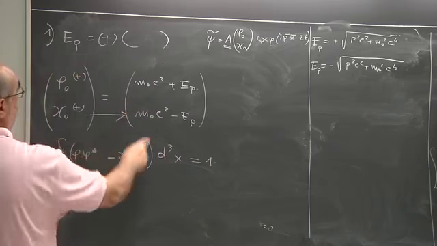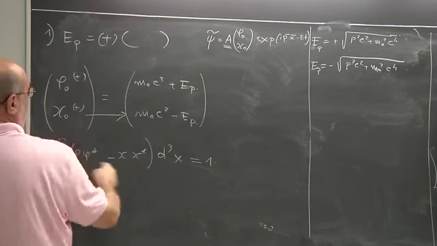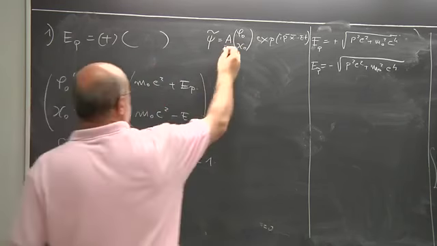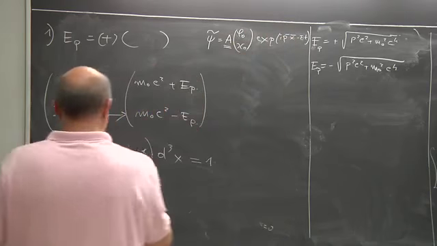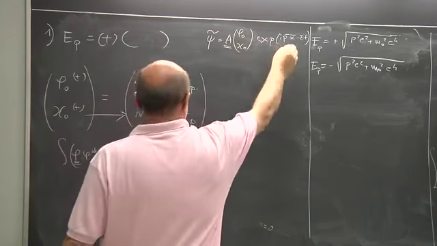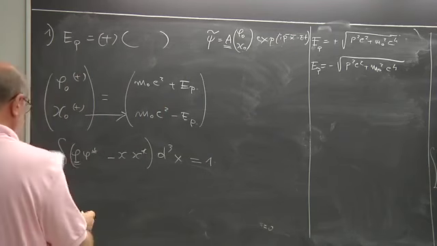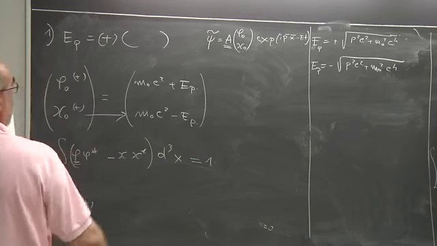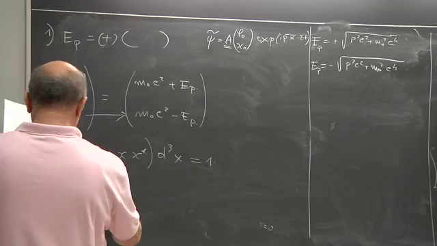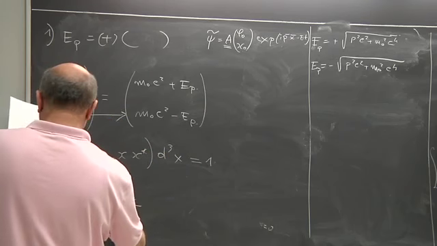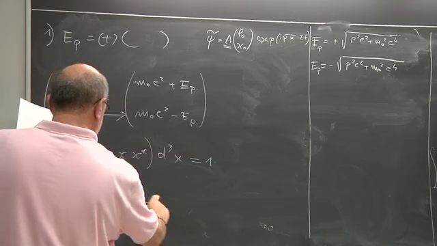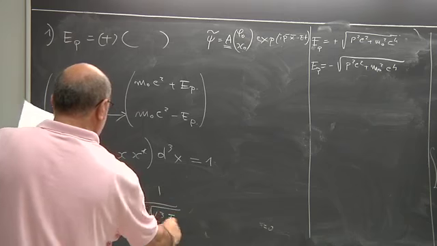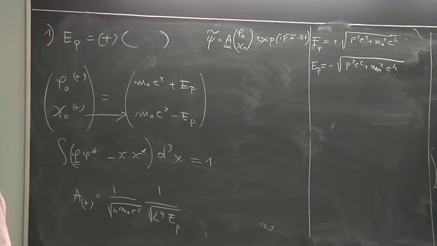So if you plug in that expression, where phi means this by this by this, and chi means this by this by this, then you get the expression of A. You get A plus, because here I use the plus one, so the coefficient that should go with this is equal to 1 over 4 m0 c squared, times 1 over L cubed E_P. L cubed is the size of the box in which we are.